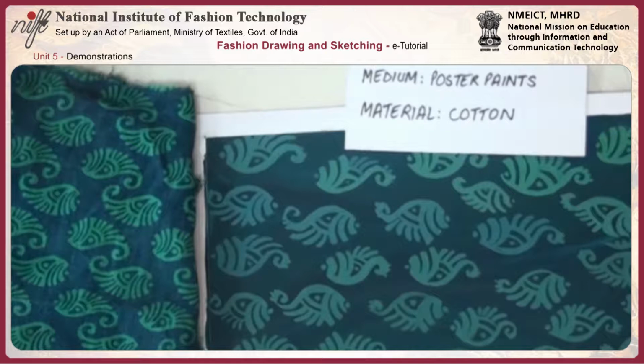For example, in this particular fabric, you can see some paisley motifs. The rendering is done in such a way that it's very difficult to differentiate between the original fabric and the rendering. Therein lies the success of the illustrator.